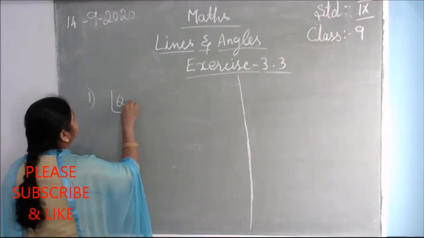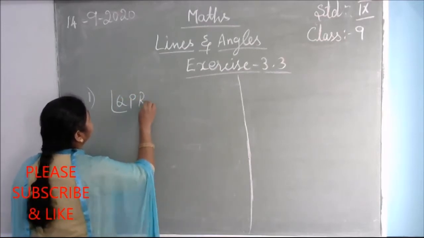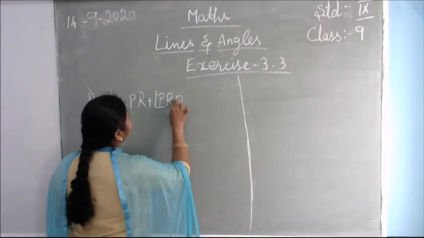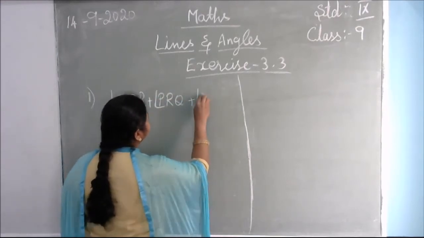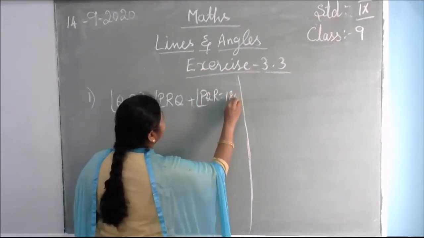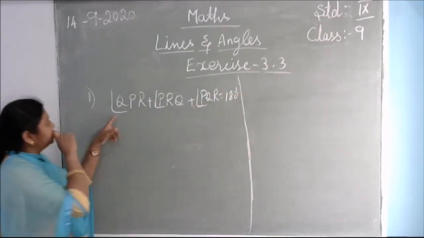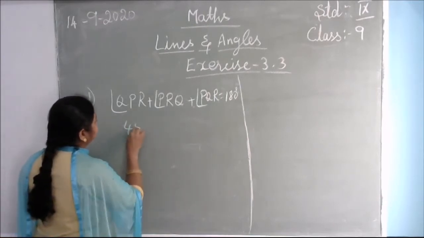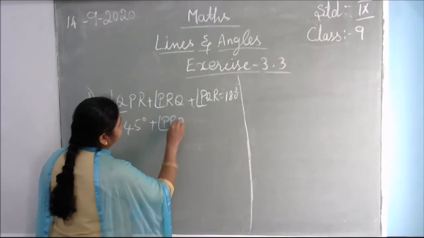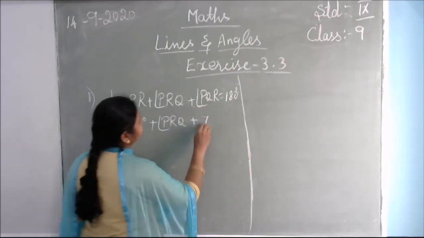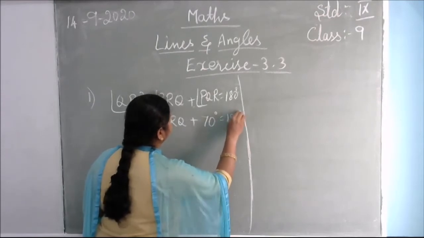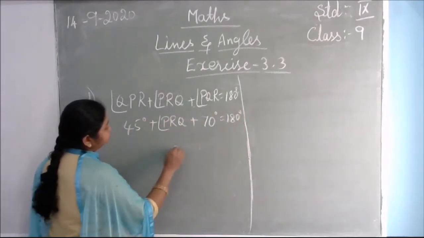Angle QPR plus angle PRQ plus angle PQR is equal to 180 degree. This one how much did you find out? 45 degree. And this one you have to find. And this one 70 degree is equal to 180 degree. Now add these two.